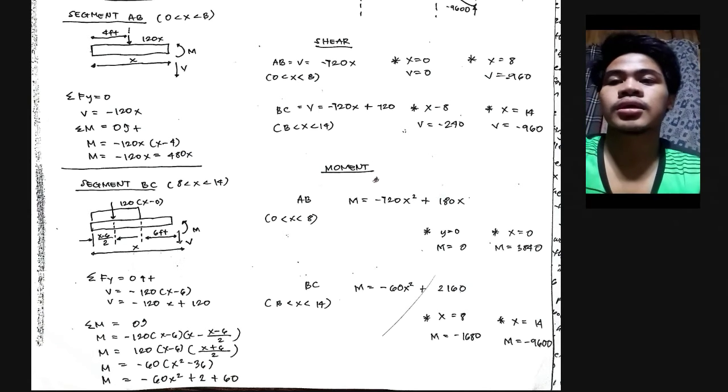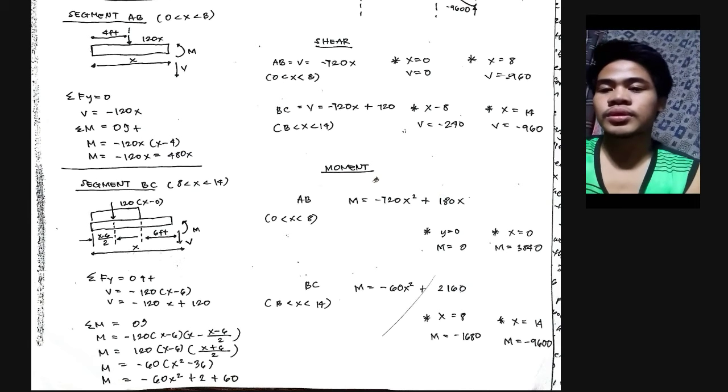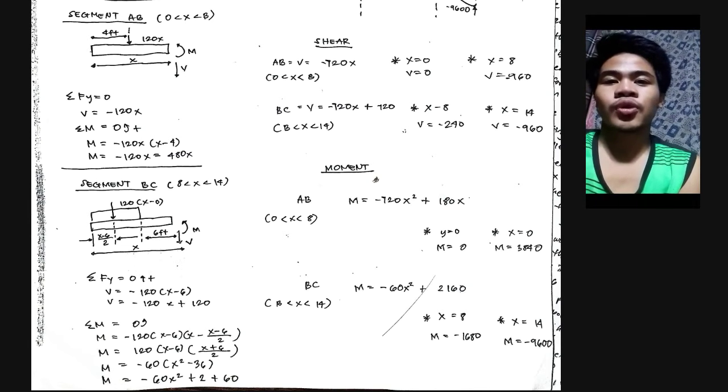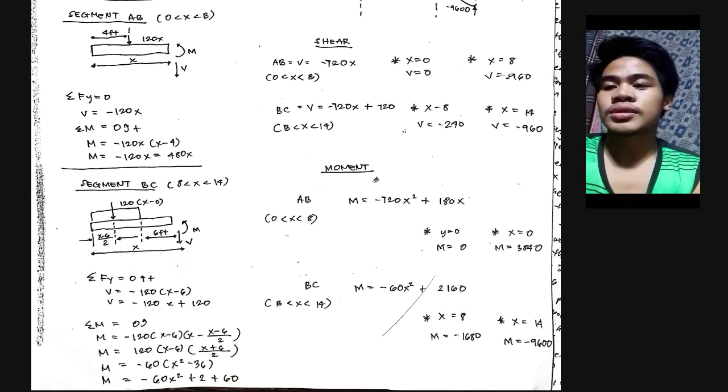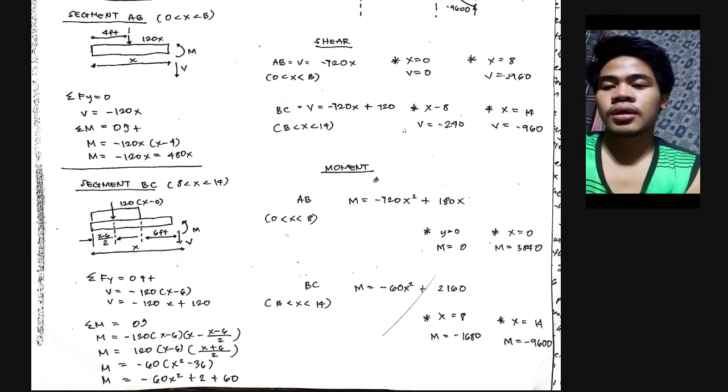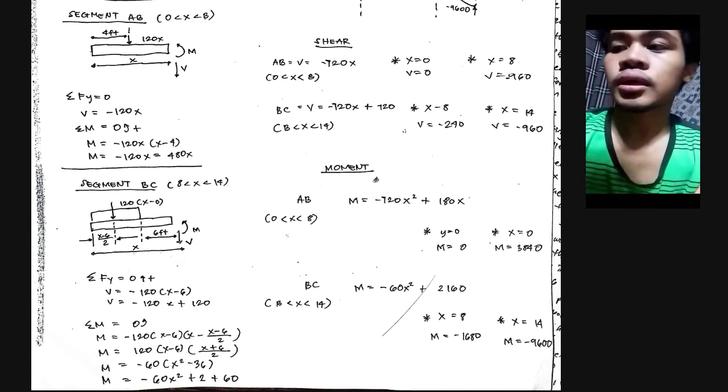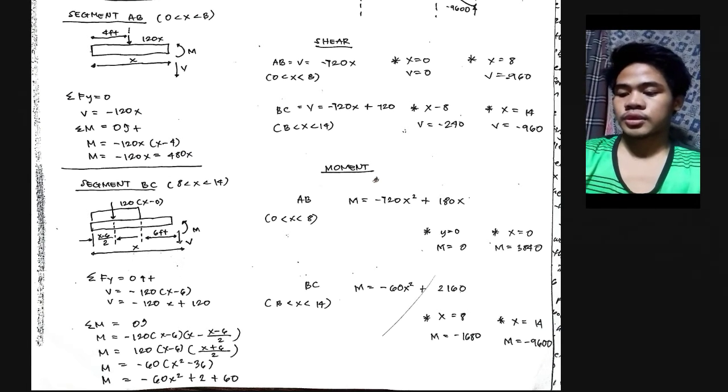For getting the points to plot, we just need to substitute the values of x. For the shear in segment AB, here we have the equation V is also negative 120x, and at x equals 0, V is also equal to 0, and at x equals 8, V equals negative 960, as shown in the graph.